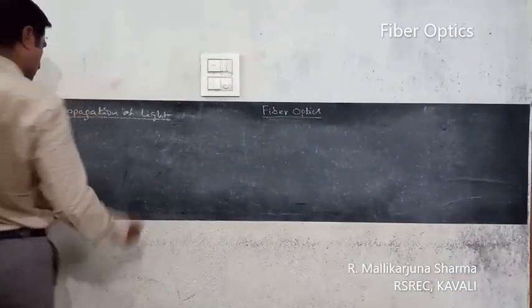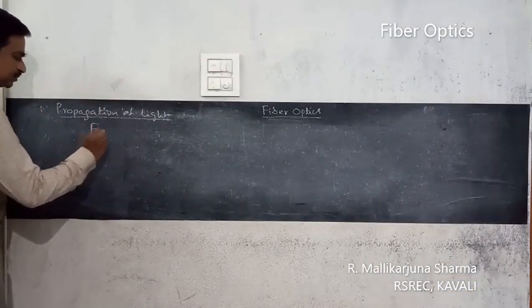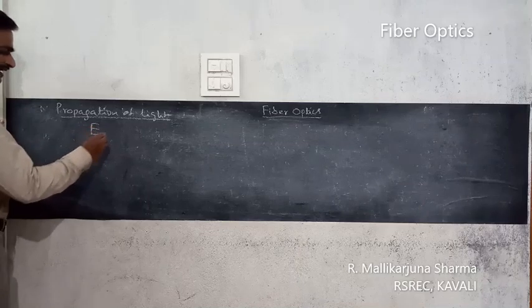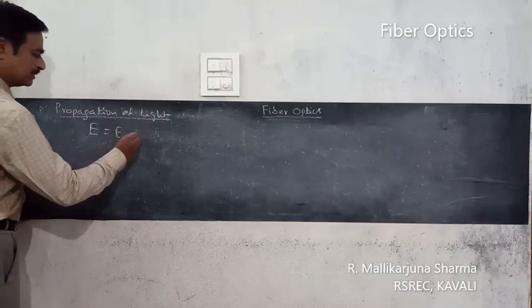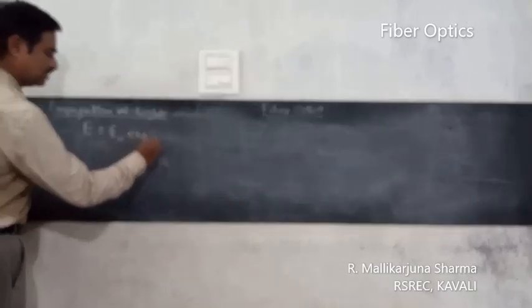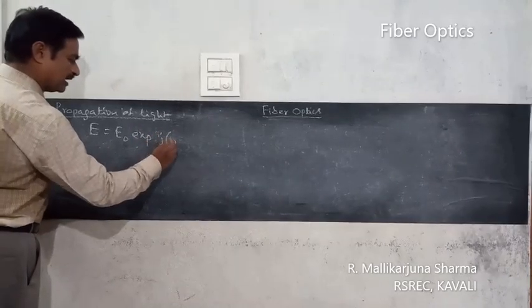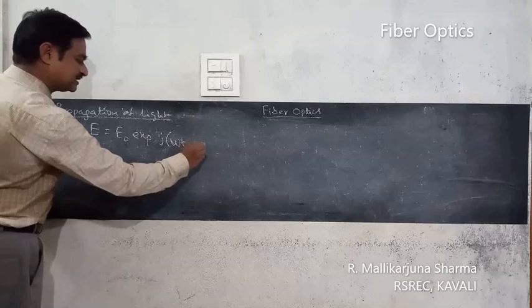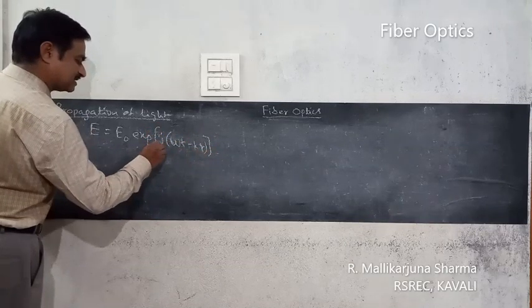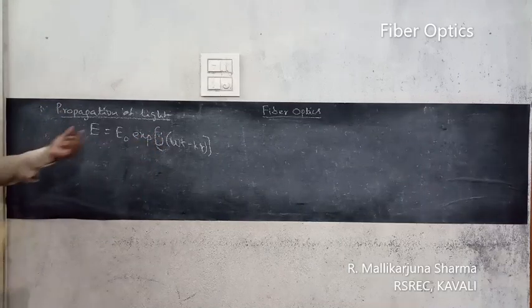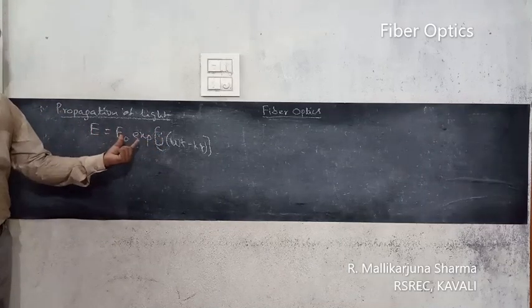Writing only electrical components, the electrical vector can be written as E is equal to E naught into some exponential of j omega t minus k. This is how we are going to write an expression for the vibrations of the electrical component.